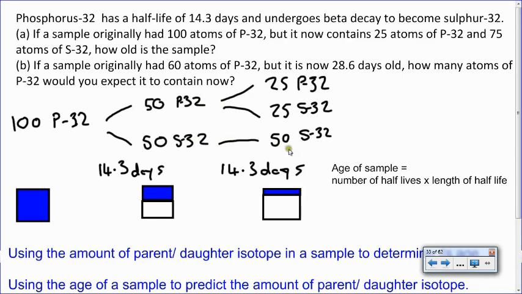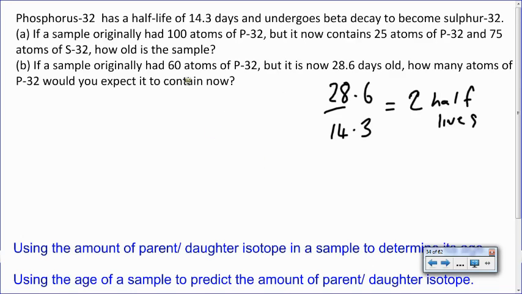Presume that's not radioactive and it's still in the sample. So in total, you can see you've got 75 atoms of sulfur 32 and 25 atoms of phosphorus 32. The question asks us how old is the sample. We know it's undergone 1 half-life, 2 half-lives. We use this equation again, so the age of the sample is 2 times 14.3 days, which is 28.6 days old.